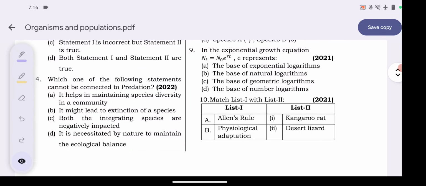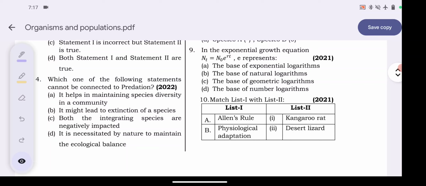Next, question number 9. In the exponential growth equation, Nt equal to N naught e to the power rt, E represents the base of exponential logarithm, the base of natural logarithm, the base of geometric logarithm, or the base of number logarithm.